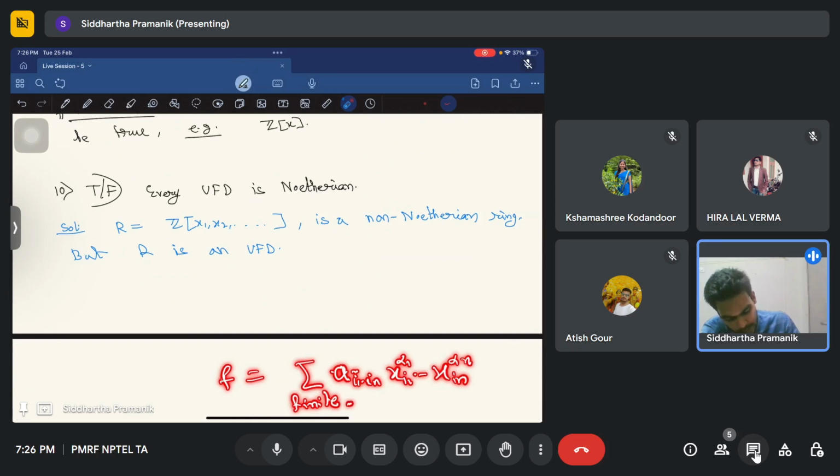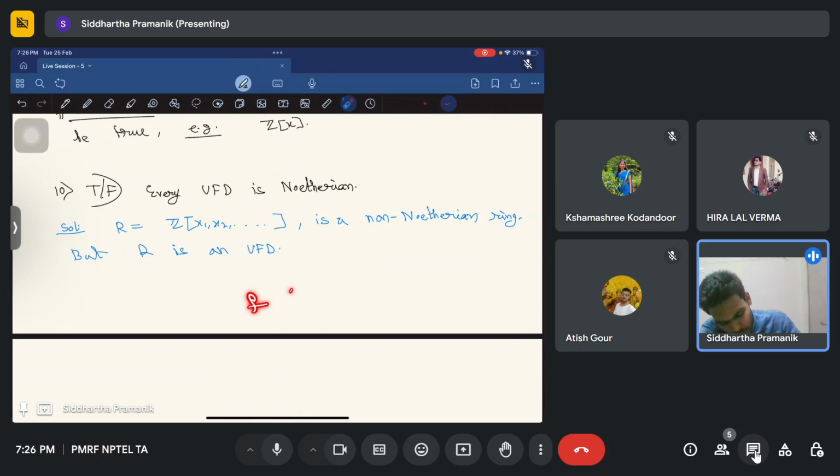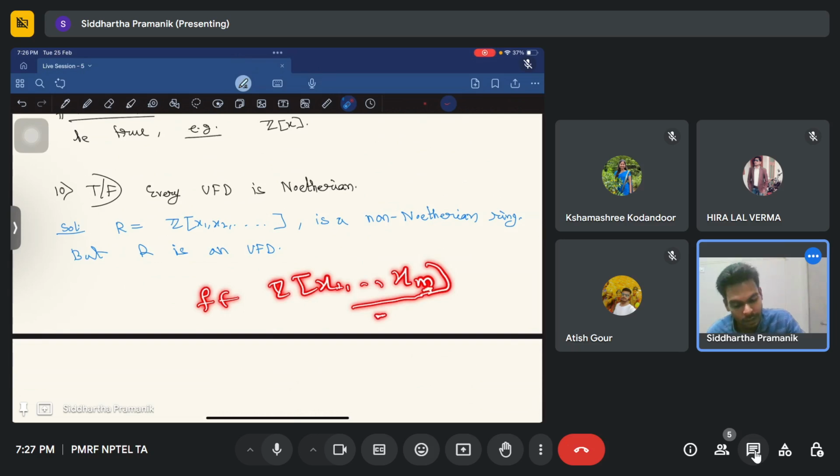That means f involves only finitely many variables. So f will belong to some Z[x1, ..., xm], where xm is the largest index of the variable involved in f, and this is in fact a UFD.